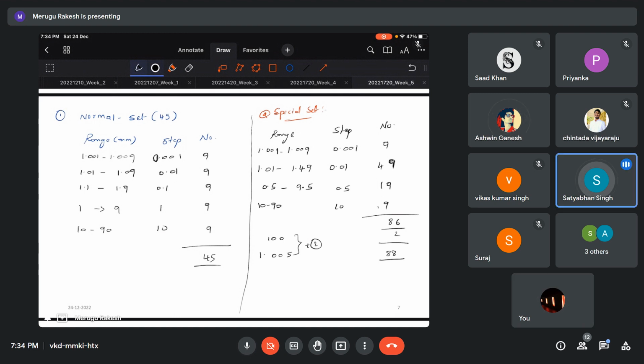Sir, since we already have 1.005, why is there repetition? I think this is something related to minimizing the set of slip gauges in the combination.